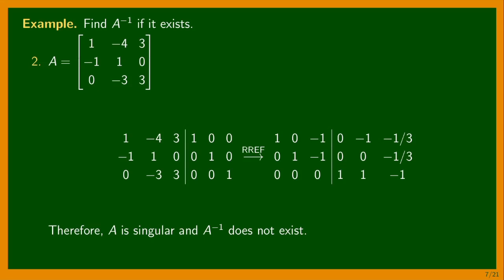However, take note that A inverse is not the same as 1 over A. I saw many students before who mistakenly write or identify A inverse as 1 over A. First of all, the expression on the right is not defined whenever A is a matrix.